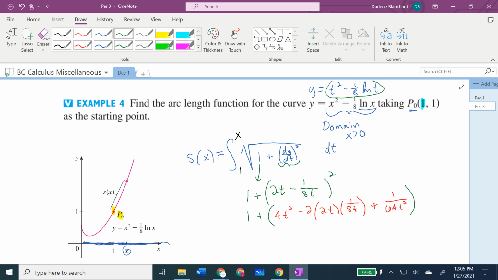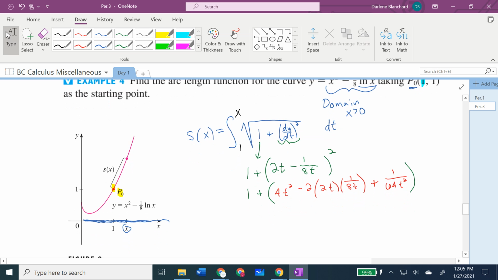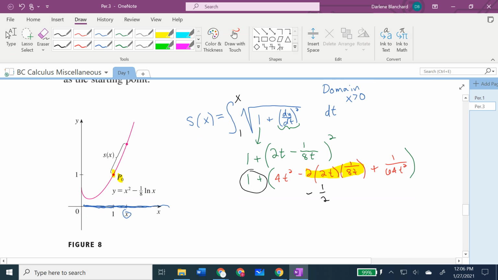What does it simplify to? Yep, it simplifies to 1/2. So I have right here minus 1/2. And then I'm able to add my like terms. And over here, I can only add the like terms of 1 plus negative 1/2.